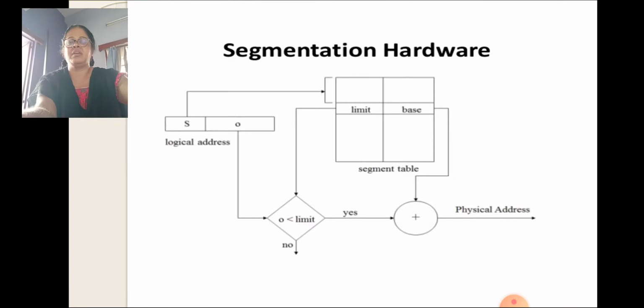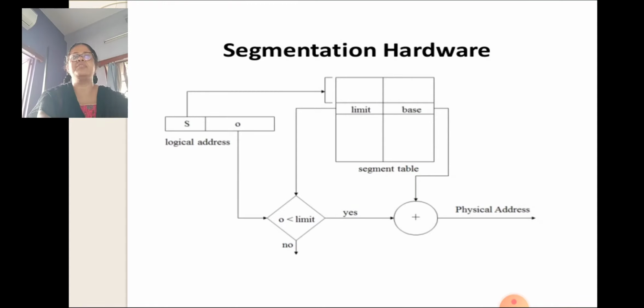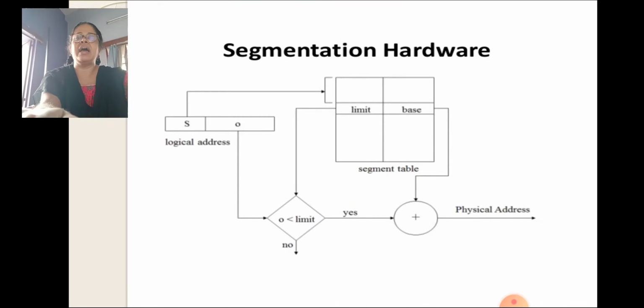Segment hardware. We should learn about the segment hardware. Although the user can now refer to objects in the program by a two-dimensional address, the actual physical memory is still, of course, a one-dimensional sequence of bytes.